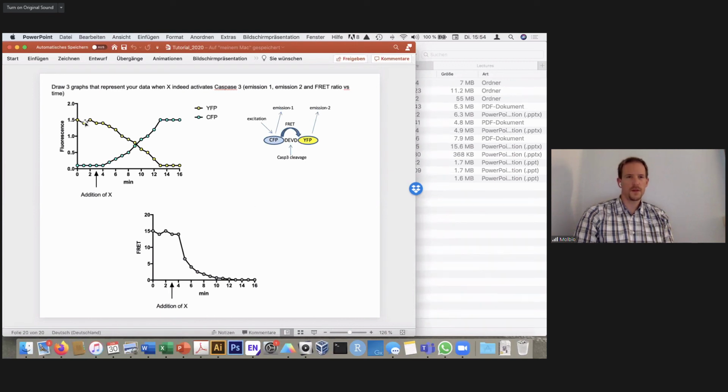Since the FRET is simply a calculation of this value divided by this value, in the beginning you will have a large value, because you divide a greater value by a smaller value. Then you add your substance, it will take some time until it works, and then it will drop. So a reduction in the FRET value means that there's no FRET anymore.